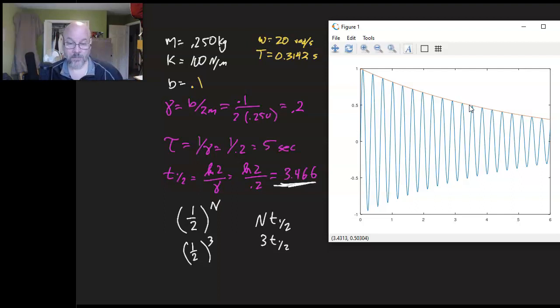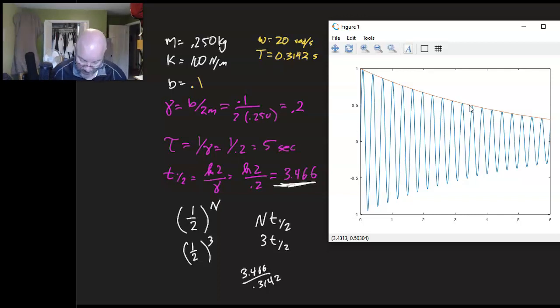So we would say the amount of time, 3.466, and we would divide by the time it takes to do 1 oscillation, 0.3142. I'm going to calculate it for you here in just a second.